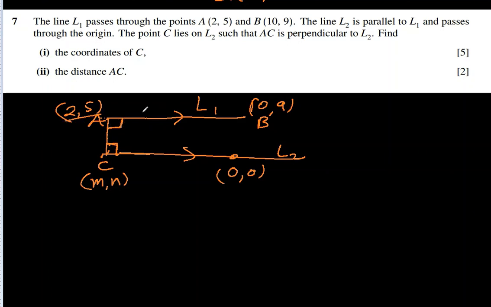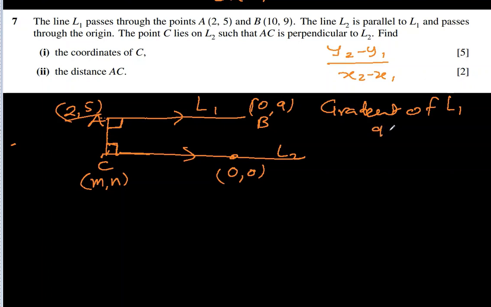So let's find the gradient of L1. We know the formula for gradient is y2 minus y1 over x2 minus x1. We have 2 points which are needed. y2 minus y1 over x2 minus x1, the points are (10, 9), so 9 minus 5 is 4, and 10 minus 2 is 8, which is half.